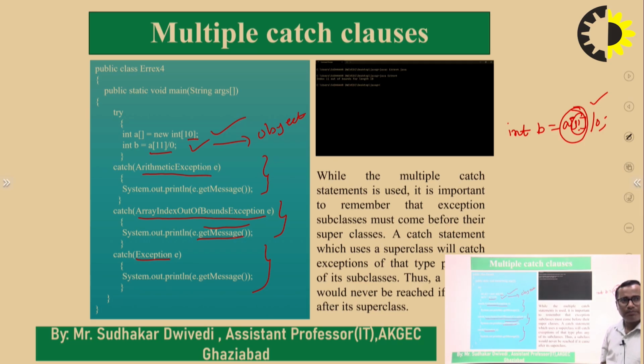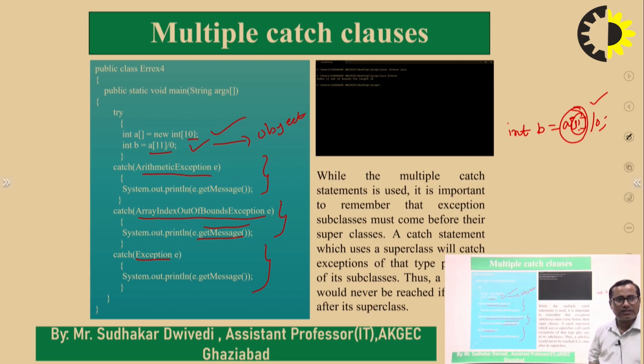While multiple catch statements are used, it is always important to remember that exception subclasses must come before their superclass. So this is the superclass of all the exception subclasses. All the exception subclasses, that means array index out of bound, arithmetic exceptions, all these have to come before the superclass.